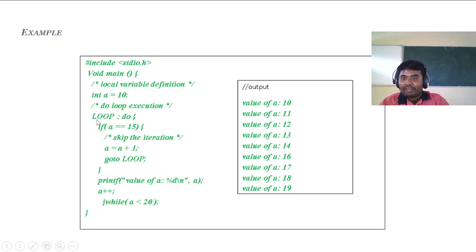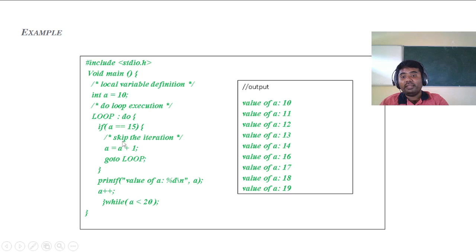Okay, we have a label named loop. When a is equal to 15, I'm incrementing a by 1, followed by goto loop. Once I execute this goto loop, it won't continue further, instead it will restart the loop and the value of a will start from 16. Okay, it will go back to the loop, that is the do loop.